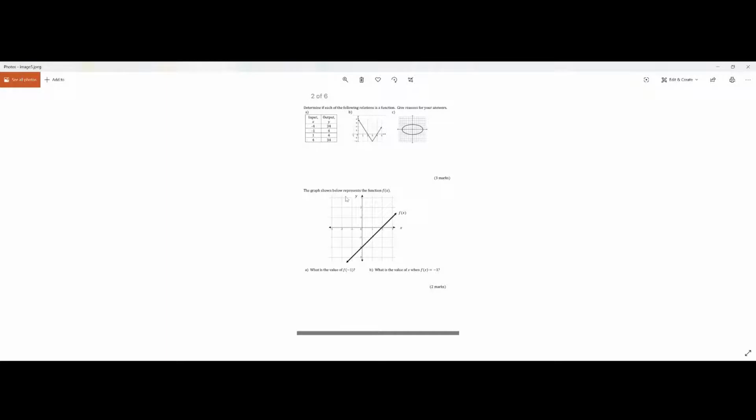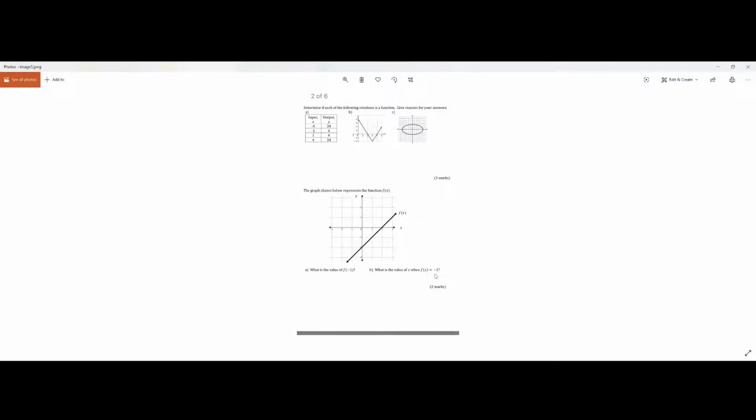So this graph below represents function f(x). So what is the value of f at negative 1? What you do is you go to negative 1 and then go down to where you hit the line. So it's negative 3. So it's negative 1 and negative 3. What is the value of x when f(x) is equal to negative 1?